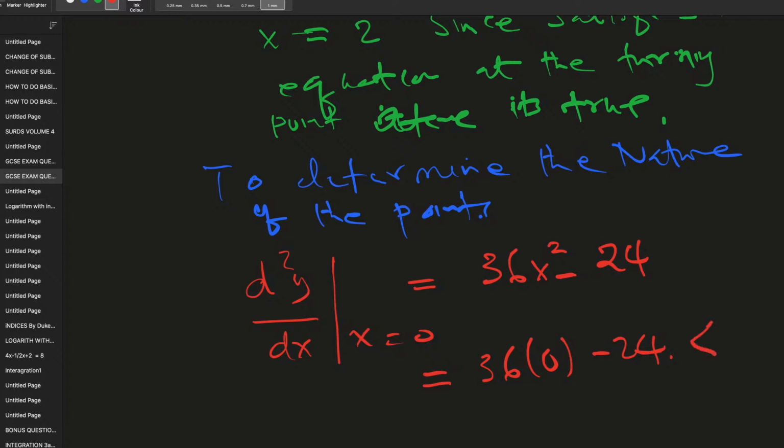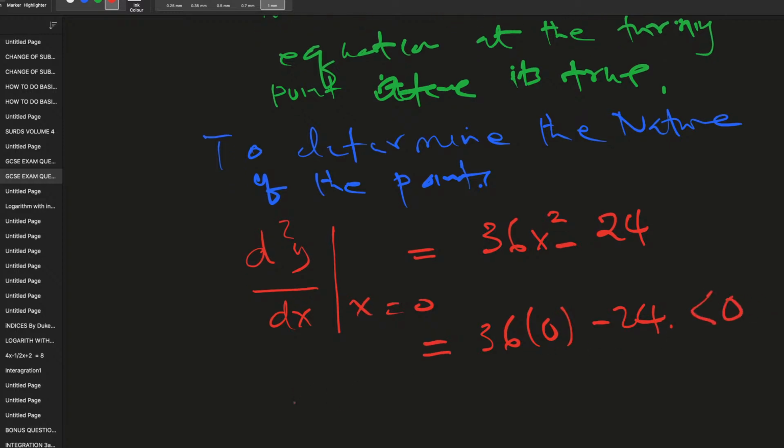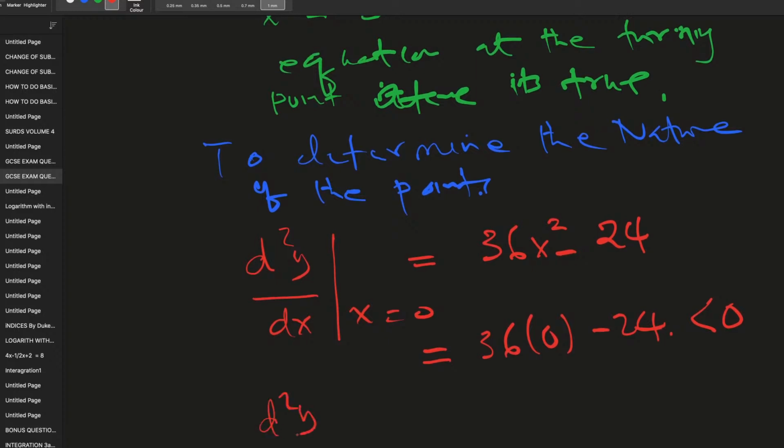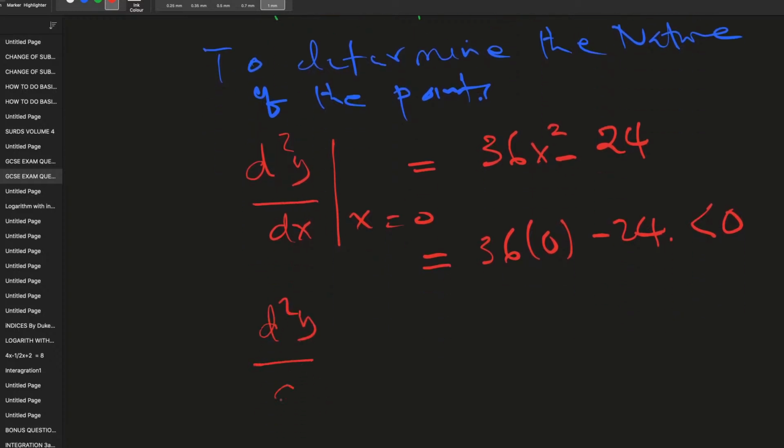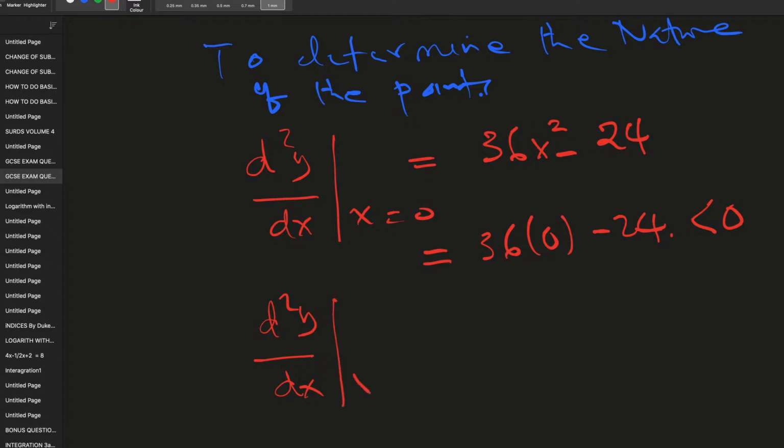Since this is less than 0, when x is equal to 0, the value we got, which is negative 24, is less than 0. Therefore, this is a maximum point.